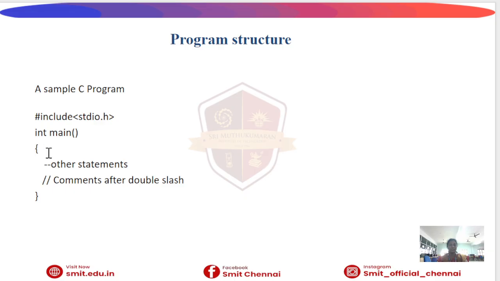Inside the curly braces, we write the statements of the program. The line starting with a slash is a comment. Comments are ignored by the compiler and are used only for understanding the code.